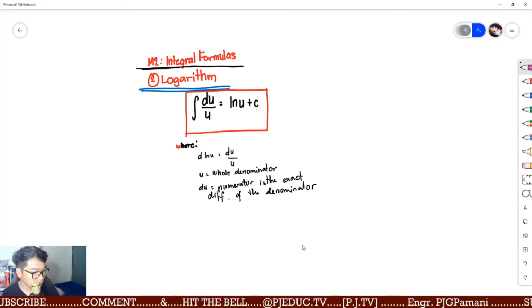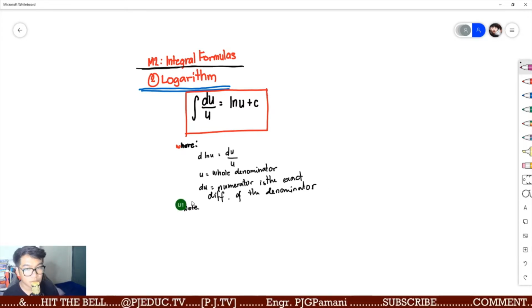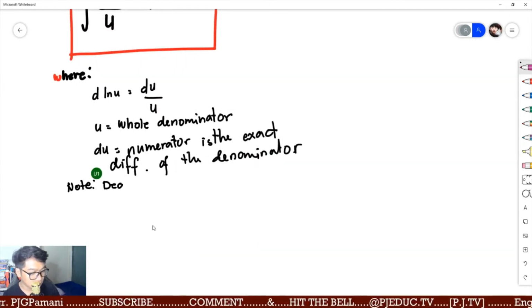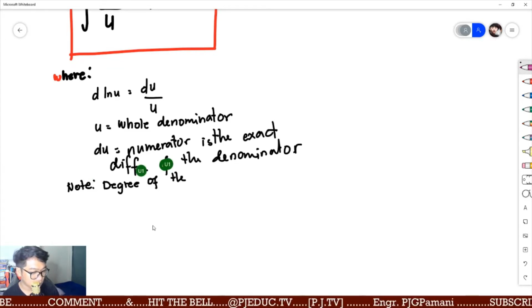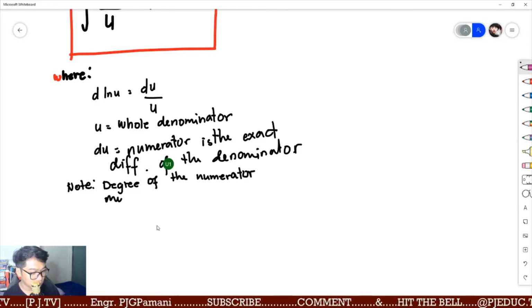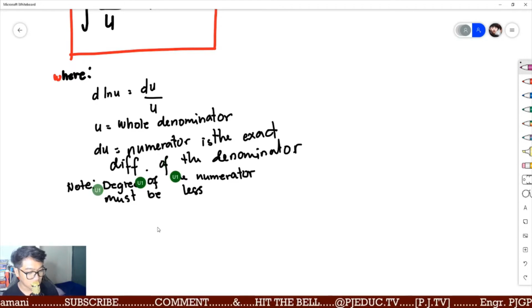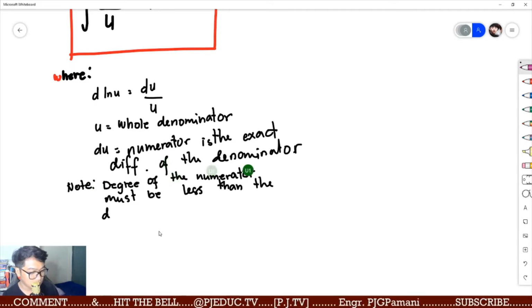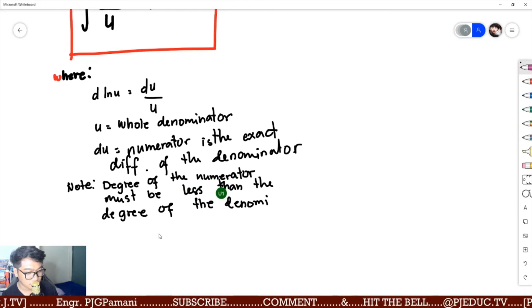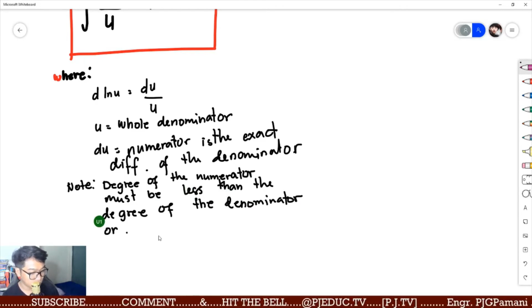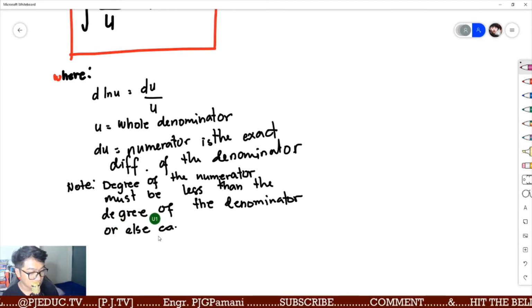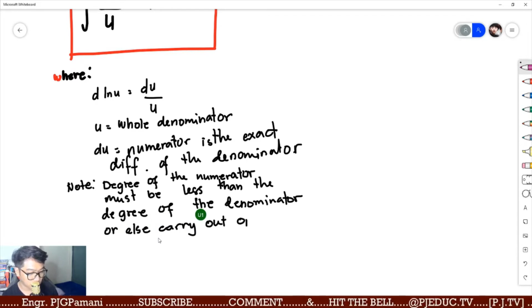And one rule is that, note that the degree of the numerator must be less than the degree of the denominator, or else you'll have to do basic algebraic analysis, which is to carry out division.